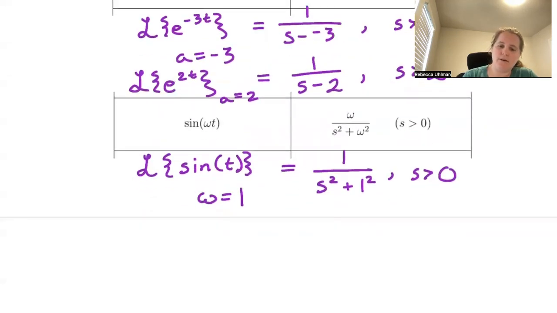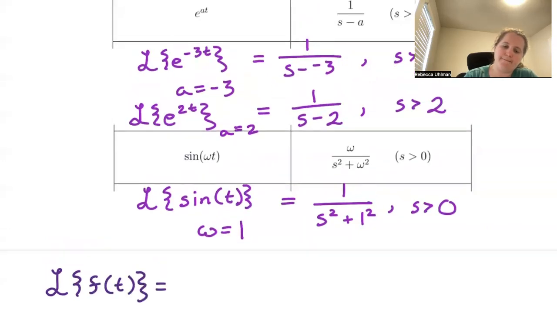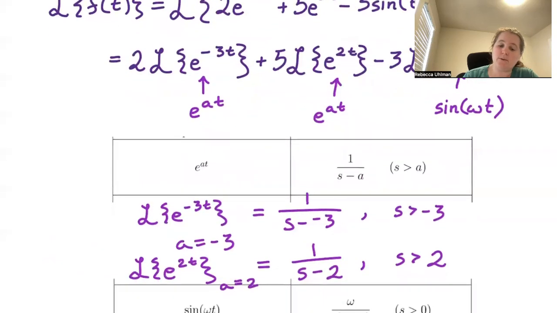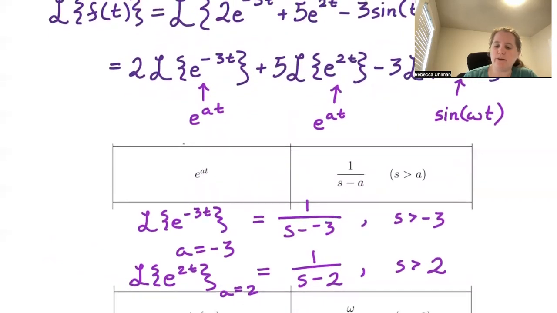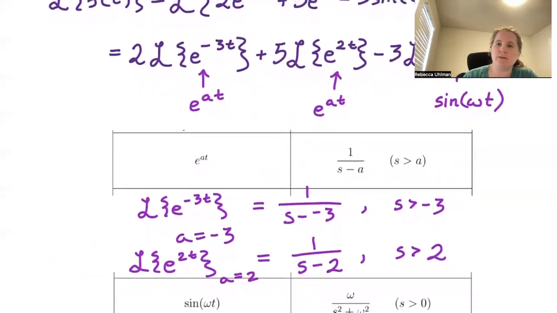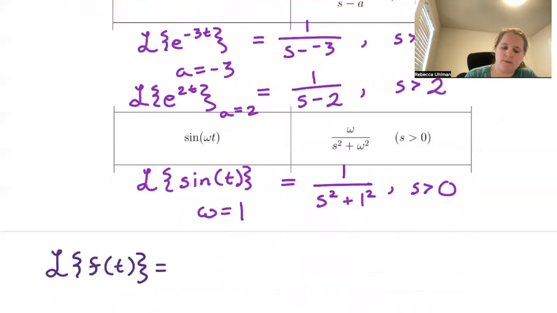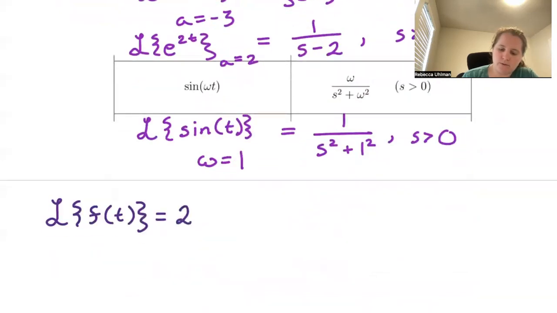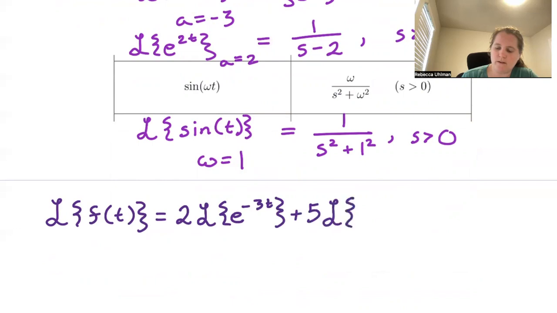So putting these all together, we had the Laplace transform of f of t equal to 2 times the Laplace transform of e to the negative 3t plus 5 times the Laplace transform of e to the 2t minus 3 times the Laplace transform of sine of t.